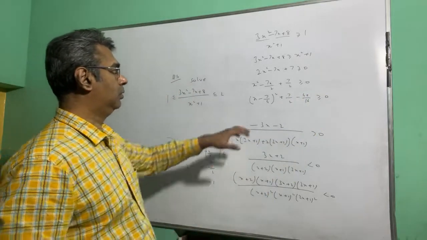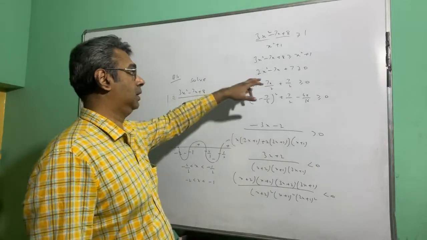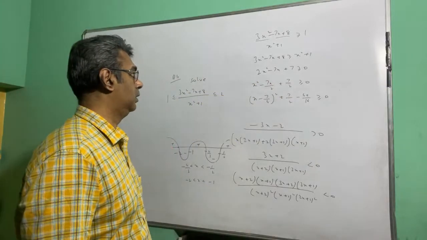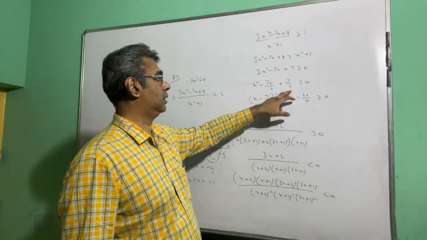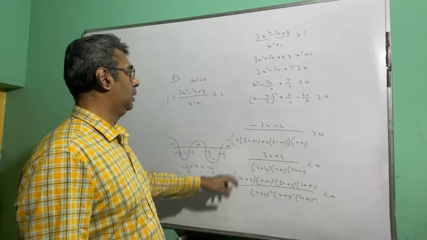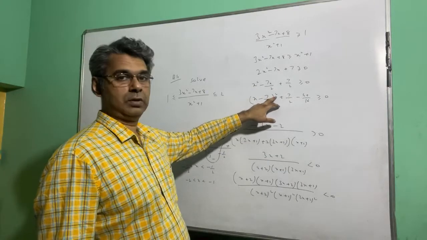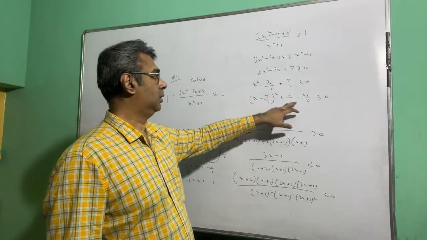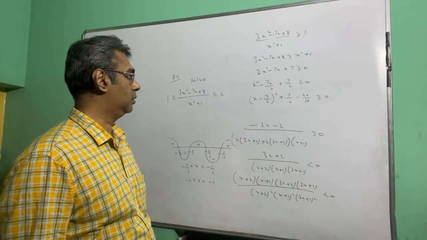Now, how do we solve this inequality? 2x² − 7x + 7 greater than or equal to 0. If you divide by 2, then x² − 7x/2 + 7/2 is greater than or equal to 0. So this you can write as (x − 7/4)² + 7/2 minus the square of this number, minus 49/16, greater than or equal to 0.